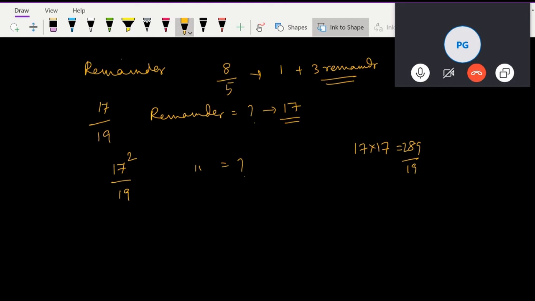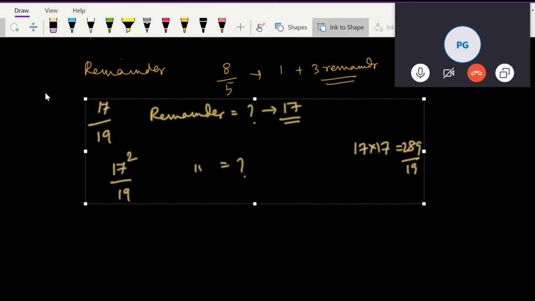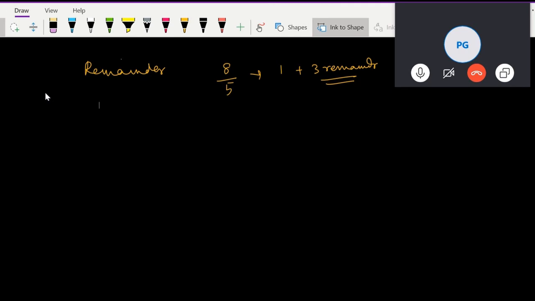So this is the normal way that we do it, but we were not taught in schools that there is another way to deal with remainders. So when I divide 8 by 5, I can write 8 as 5 into 1 plus 3, right? This is what you do. I can also write 8 as 5 into 2 minus 2, right? Can I do this?